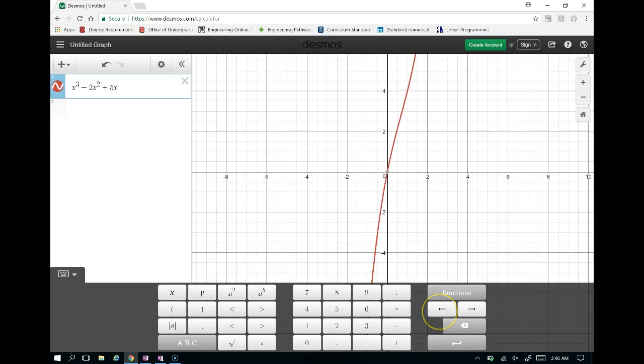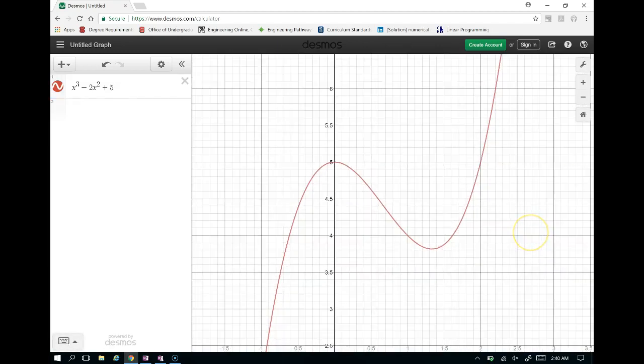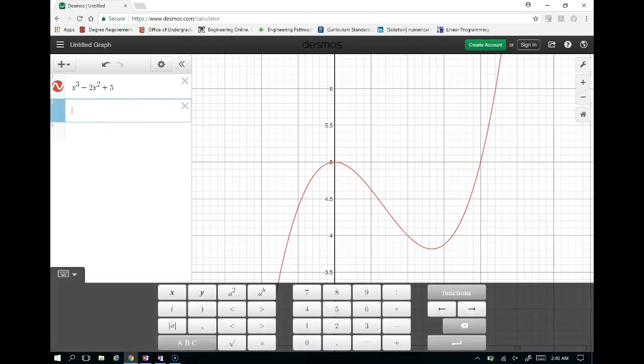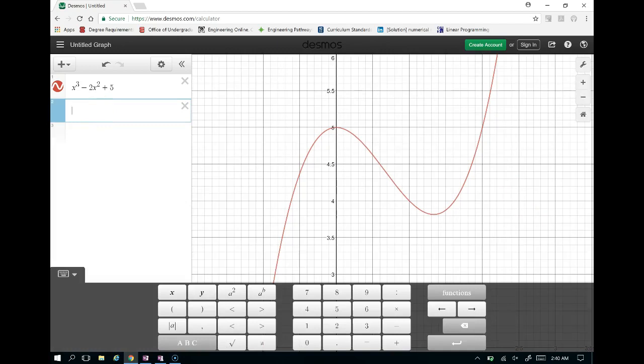I don't like that. And I'm going to zoom this some to make it prettier and bigger. And then I'm going to add another function in here. And for number 2, I'm going to say graph the derivative of that.